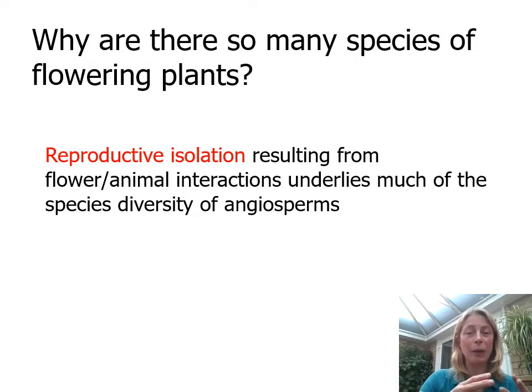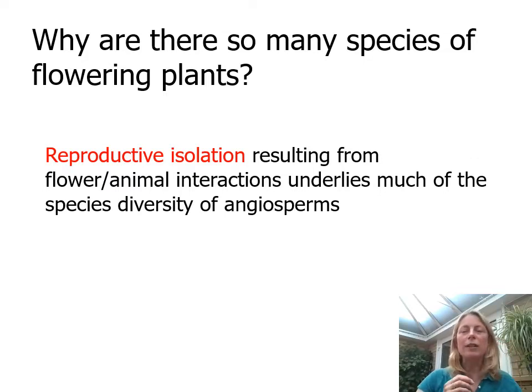So the members of group A can breed with each other, and the members of group B can breed with each other, but what they can't do is breed between groups A and B. And that can be achieved by, for instance, a mountain range coming up between the two groups. Physical ways of making it happen are perhaps the easiest ones to think about.